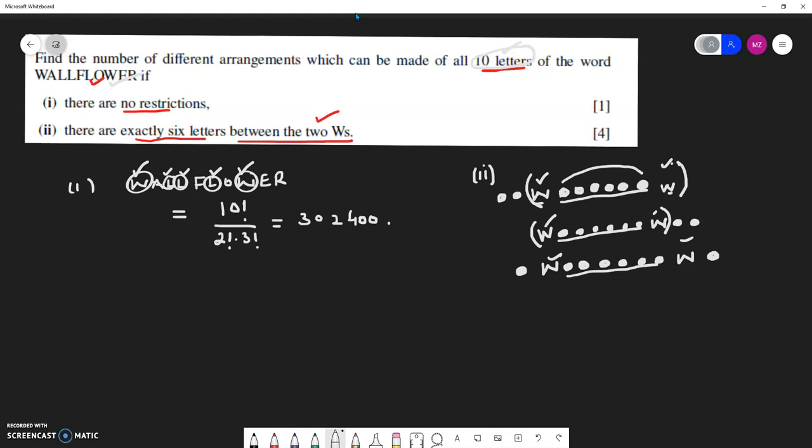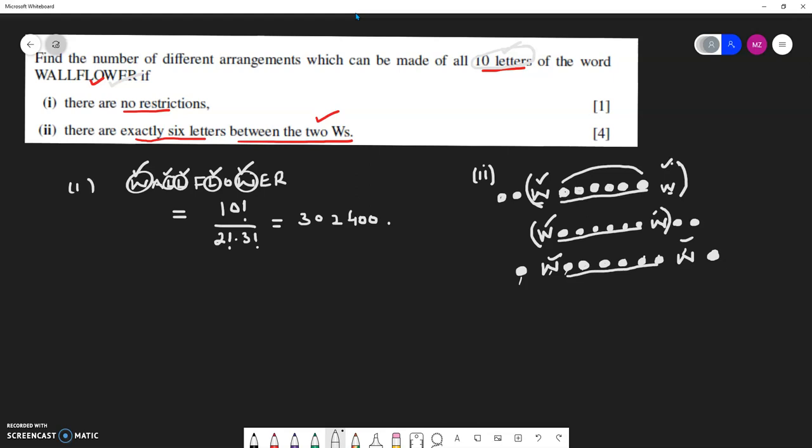So the other two letters may be placed before the first W, or after the last W, or one of those letters may be placed before the first W and the second letter at the last, that is after the second W, because the total number of letters must be equal to 10.